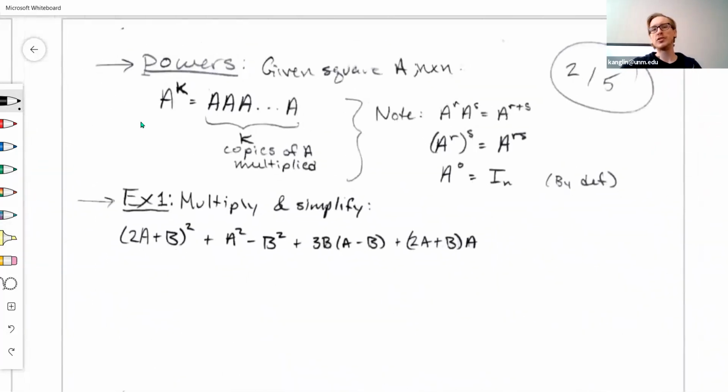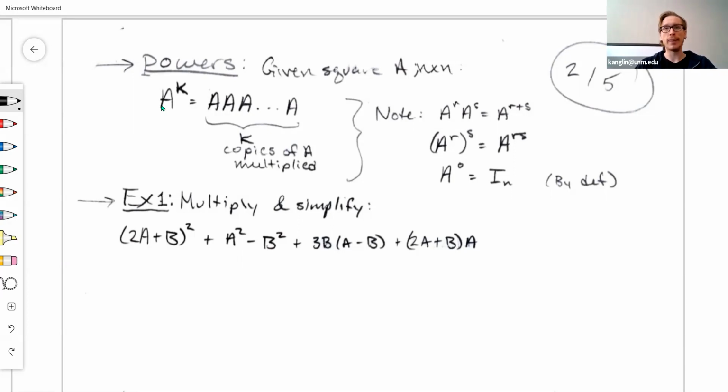Very briefly, we want to mention that you can take powers of matrices. Since we just think of powers as being repetitive multiplication, and we know how to multiply, so long as the dimensions of matrix multiplication would make sense, we can do repetitive self-multiplication, raising to a power.